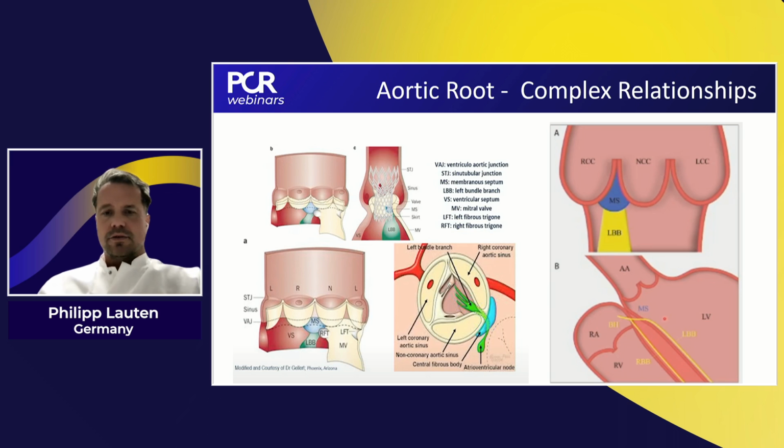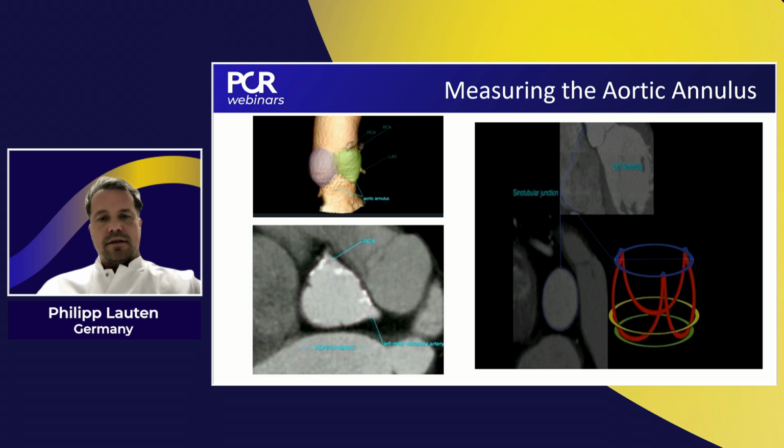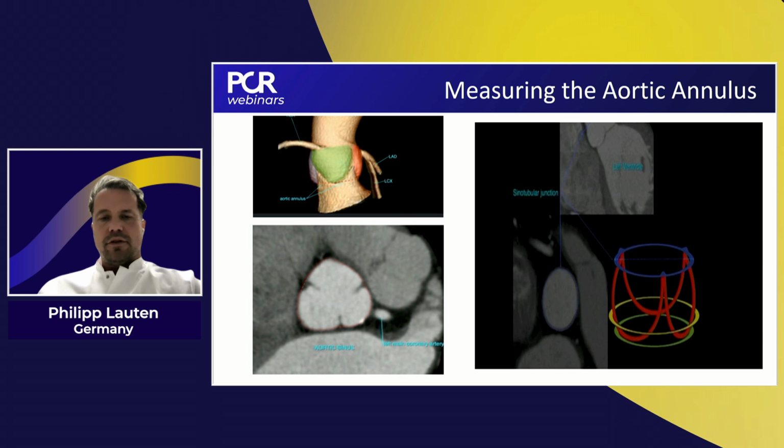So this is, I think, a nice idea if you implant TAVI prosthesis, to have a look as first operator or second operator, even as heart team, for the whole anatomy you have to deal with.